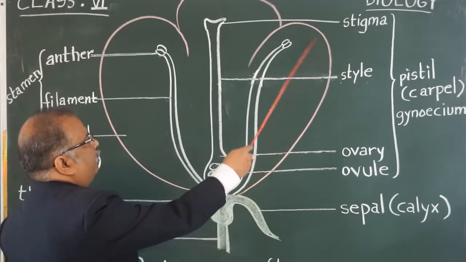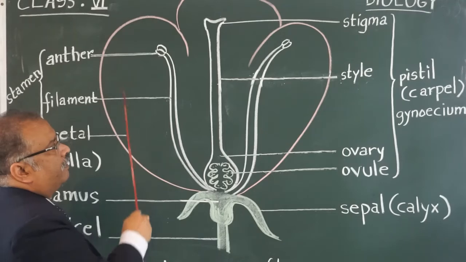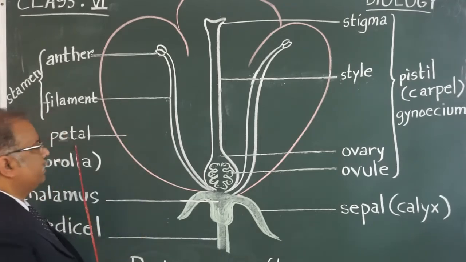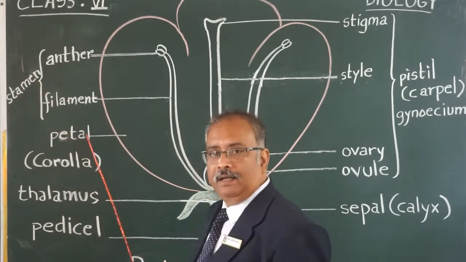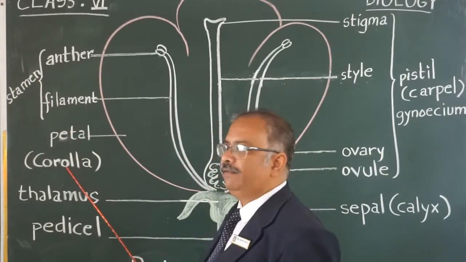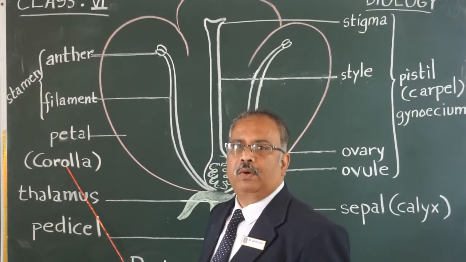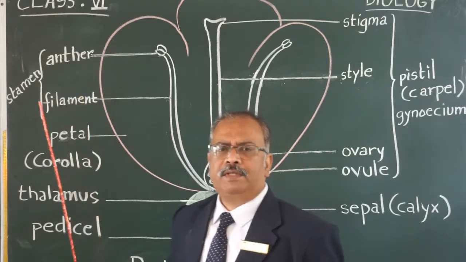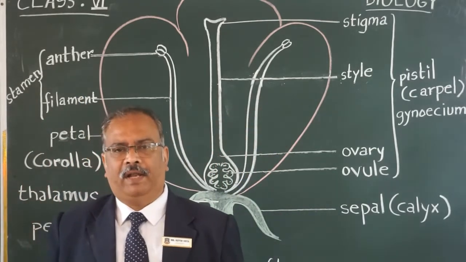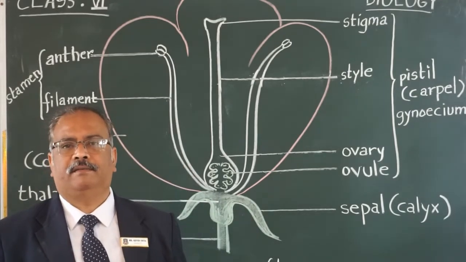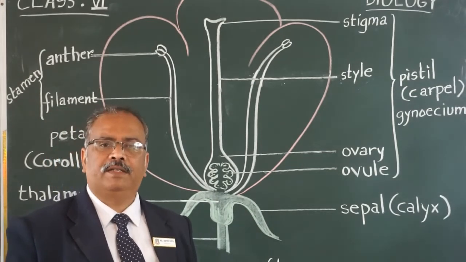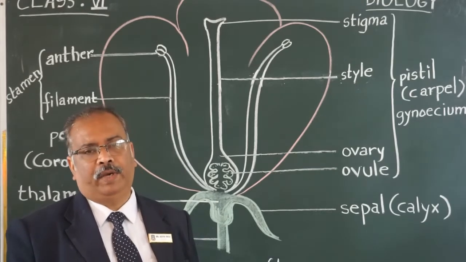Second, you can see this portion. We call it a petal. Petal, singular. Collectively, we call it corolla. This is the most attractive part of the flower. You can find petals in various colors: red, orange, pink, yellow, white.